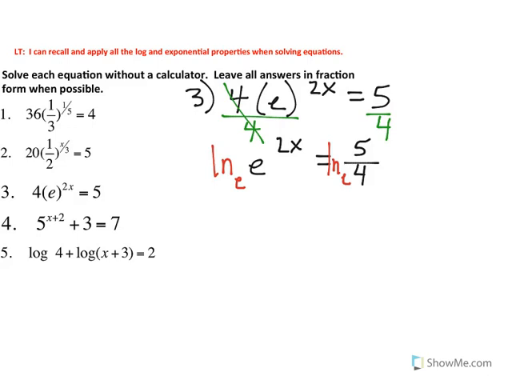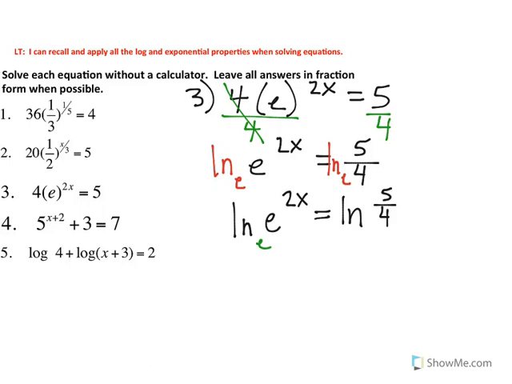If I rewrite all that, I'll have the natural log of e to the 2x power equals the natural log base e of 5/4. Now that looks messier than what we started out with, but remember your properties. When you are taking the log of both sides and you've got an exponential with that same base, look on the left-hand side.